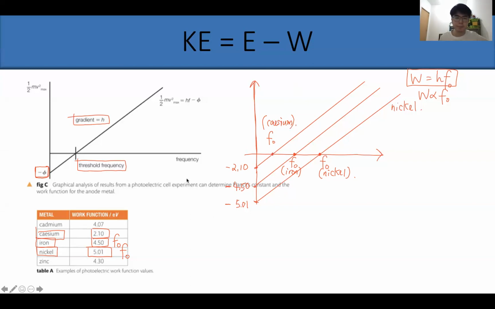This is just for you to relate the graph with the values of the work function and the threshold frequency. Sometimes they don't show this region of the graph. They just draw the part above the x-axis, so you have 3 lines like this.